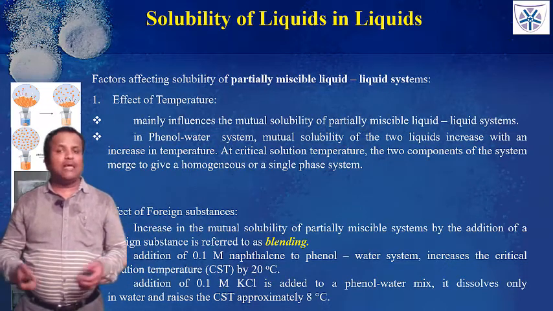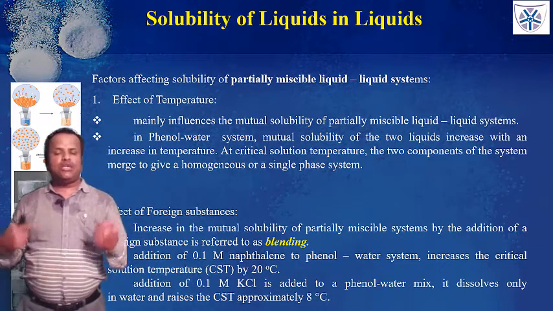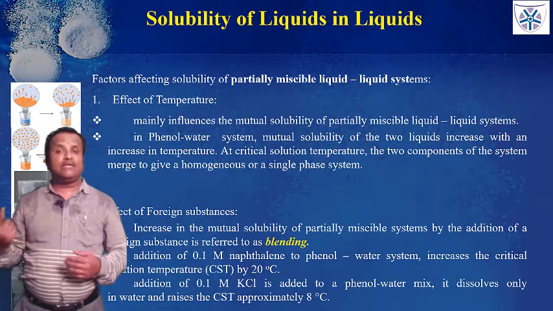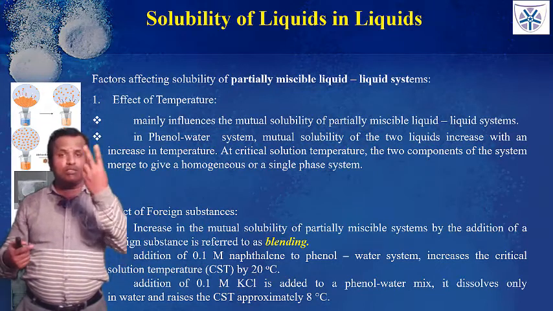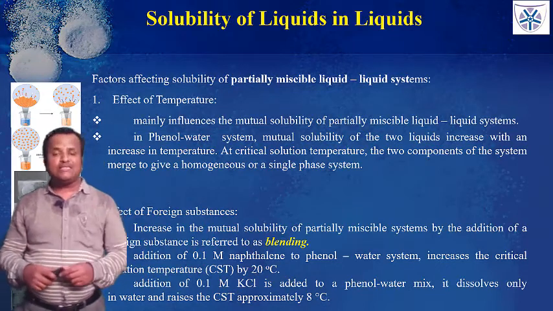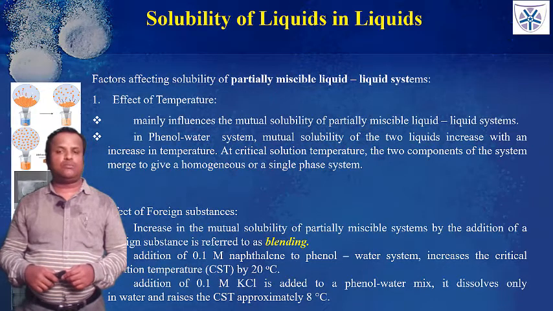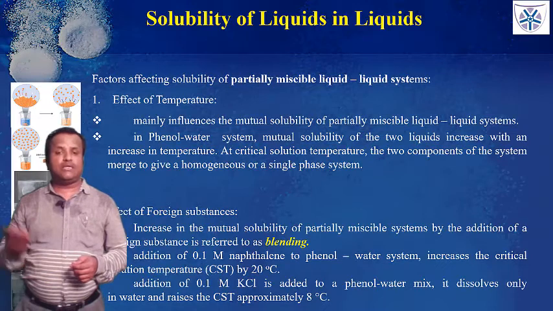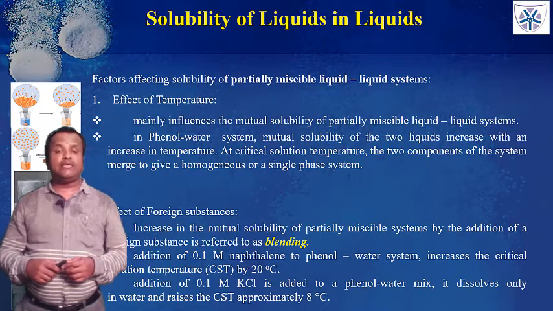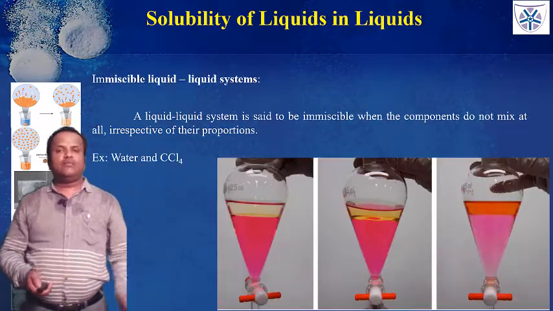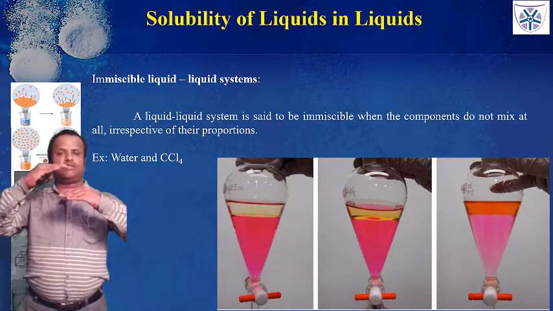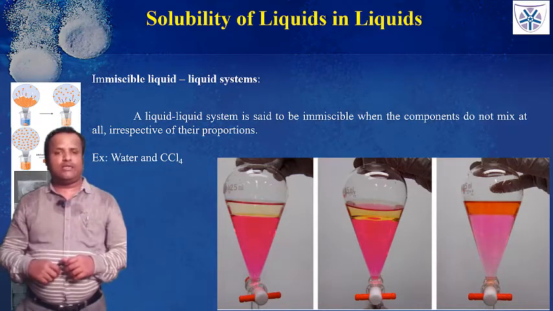Addition of 0.1 molar naphthalene to the phenol water system increases the critical solution temperature by 20 degrees, while adding 0.1 molar KCl, potassium chloride, increases the phenol water system critical solution temperature to approximately 88 degrees C.